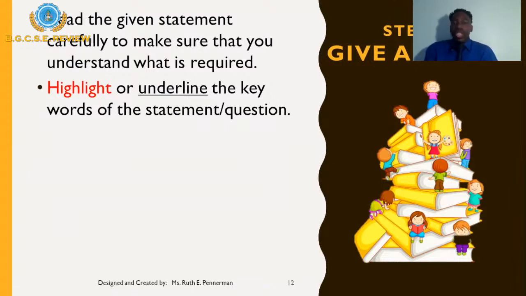You really want to take your time and highlight or underline the keywords. What is the statement or the question asking you to consider? And are you answering based on what the expectations are? Or are you just doing your own thing? You really don't want to do your own thing because then you forfeit the points that you could have so easily obtained. Let's see what's next.